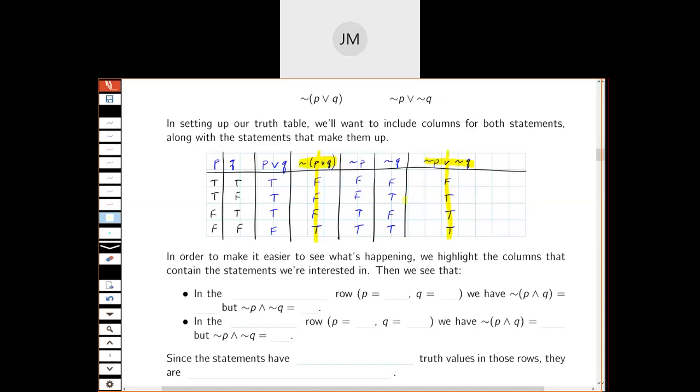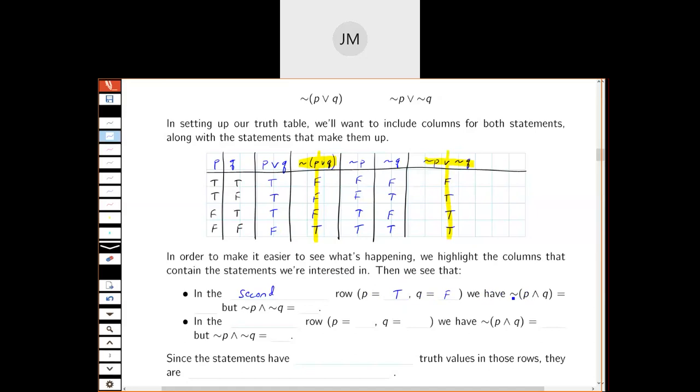Okay. So if I highlight them, then we can make our comparison, and I can see in the first row, they do match up. But in the second row, okay, when P is true and Q is false, that's what the second row is, right? So we're just kind of being really clear about which row we have.